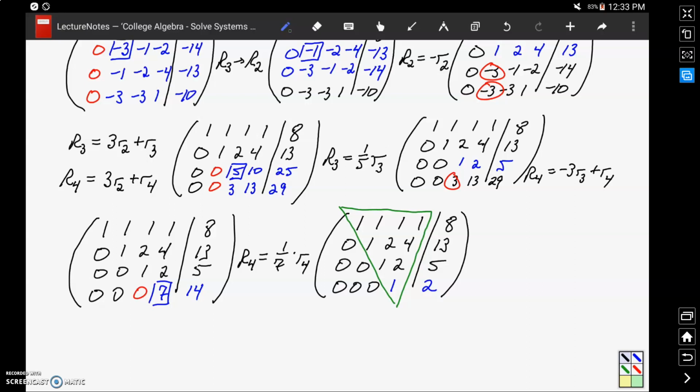And from there we could apply backward substitution to get, in this case, our ordered quadruple, x, y, z, w, to be 2, 3, 1, 2. Again, applying the same process that we've used in the past to find those remaining variables.